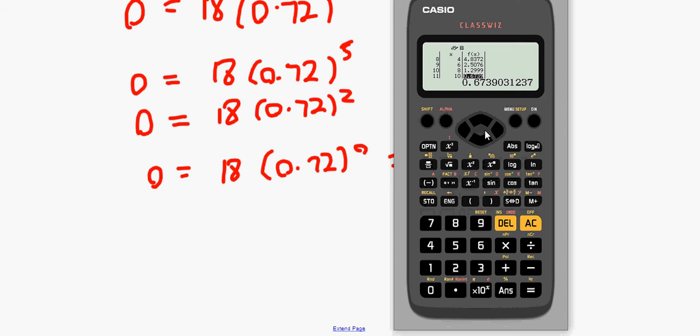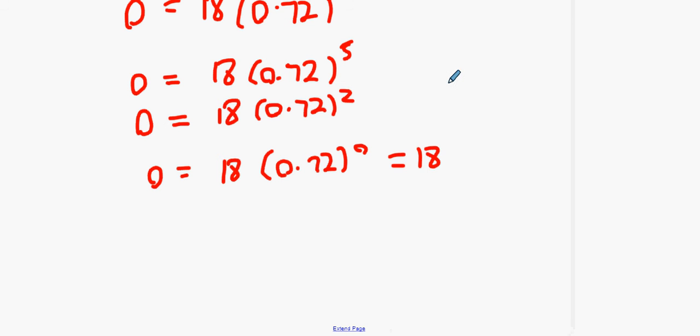So let me get the answer for 5. 9.33. 18 times 0.72 to the power of 5, please. Thank you. 3.48 days. Okay.